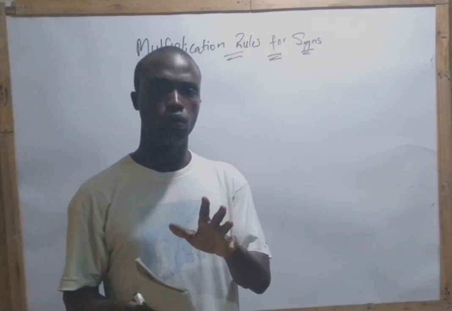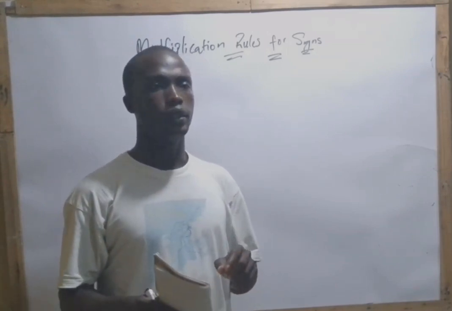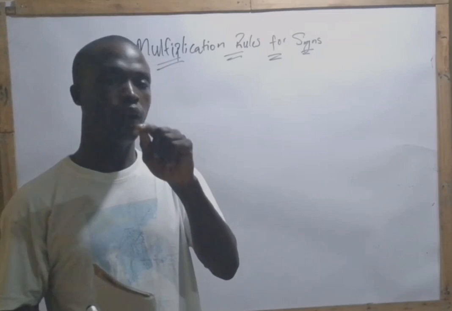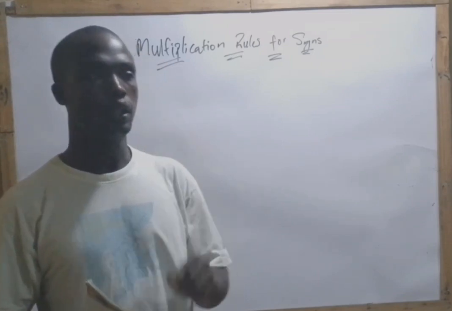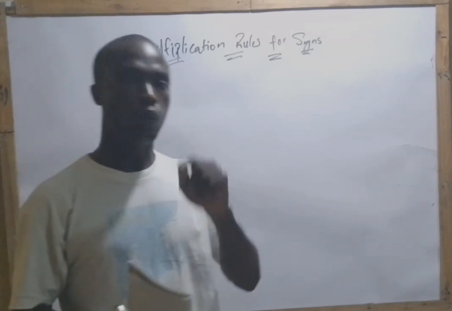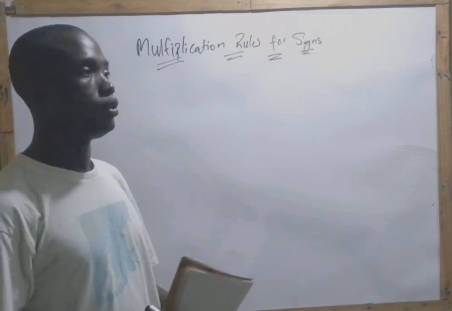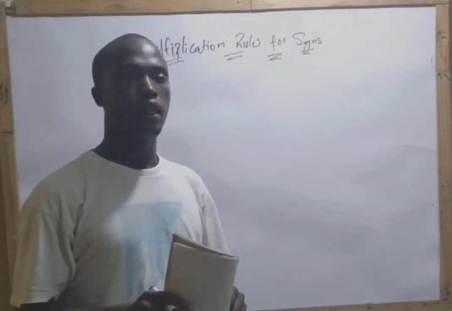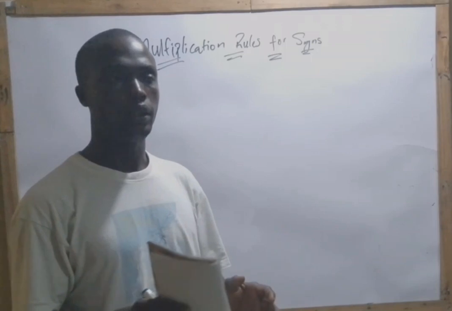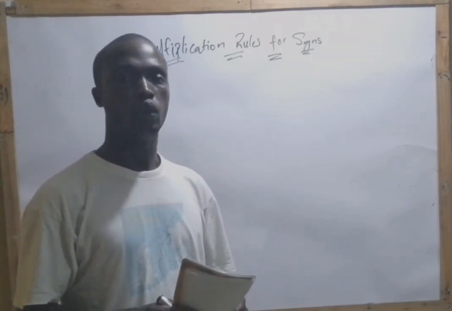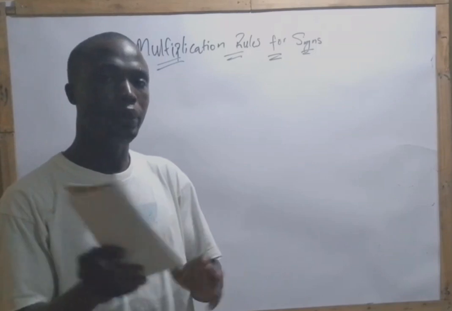What I want to teach you today is something very important, especially for those of us who are beginners in mathematics. These are things that people find difficult, because they do not understand the basics.